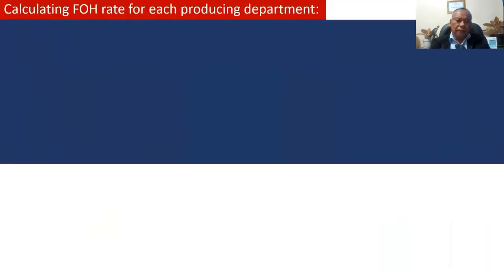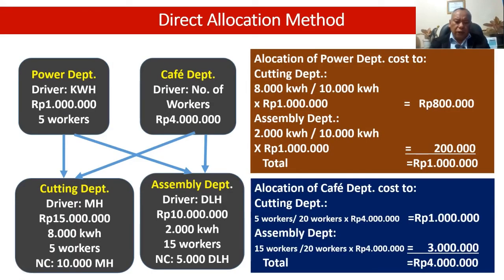After that, we can calculate the factory overhead rate for each producing department. How to calculate the factory overhead rate for each producing department?